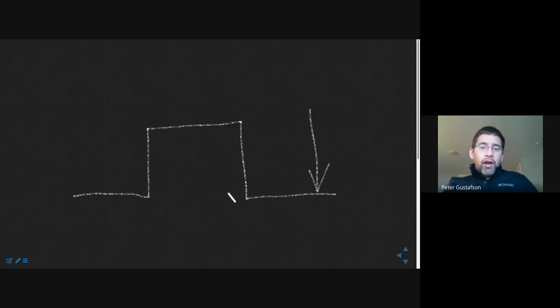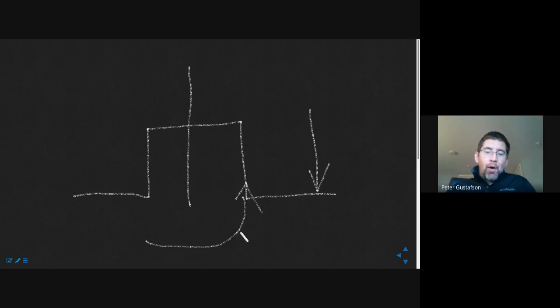We have not done torsion of these thin-walled segments. But what I'll tell you is that what you're going to do with a problem like this is move it to the symmetry line and then add to it a corresponding moment.